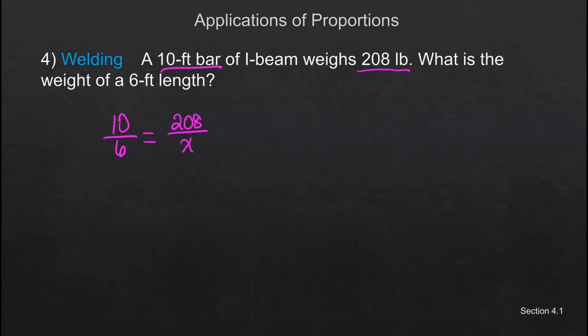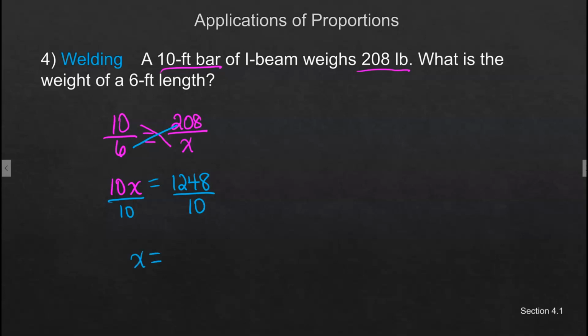When we cross multiply, then we get 10x equals 1200. 6 times 208, you say that is 1248. And then divide to solve.